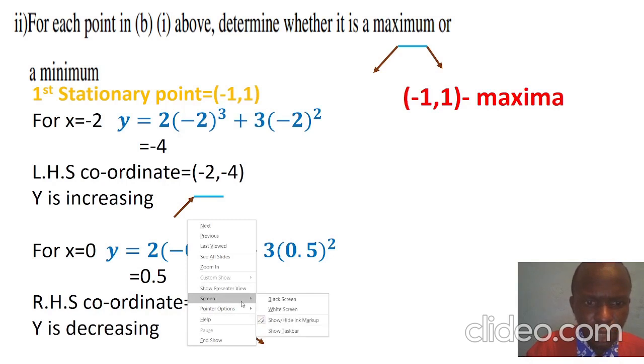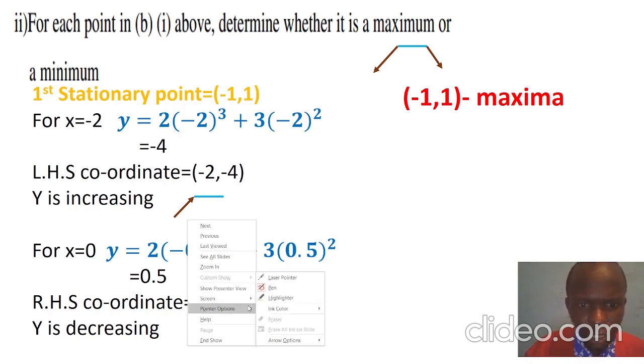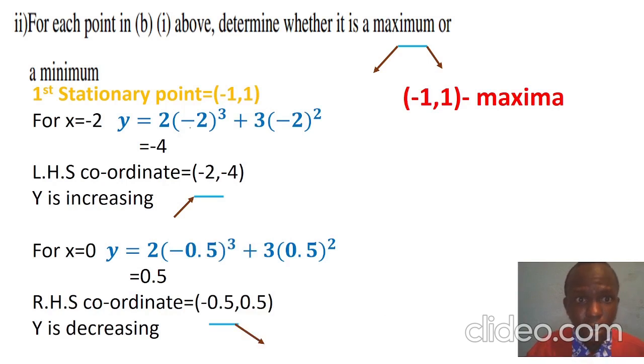Let me choose a different color. I have used red more, so let me use green now. Now, we want to see the nature of these stationary points, turning points.